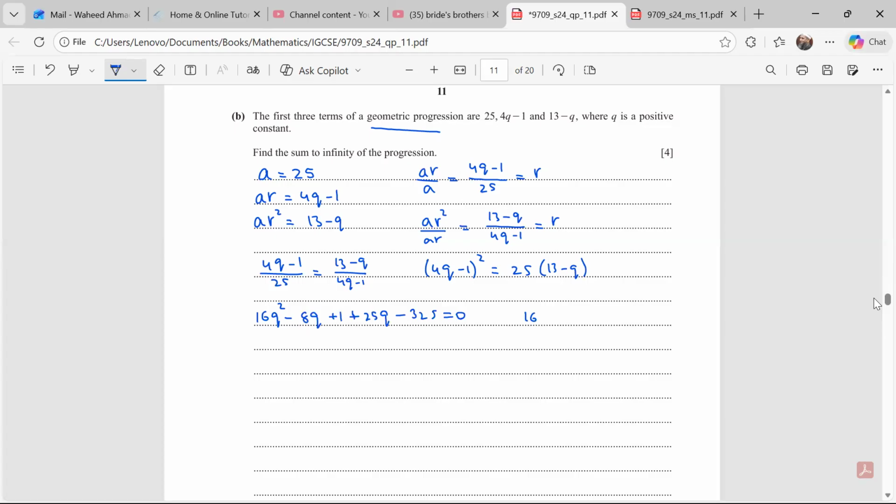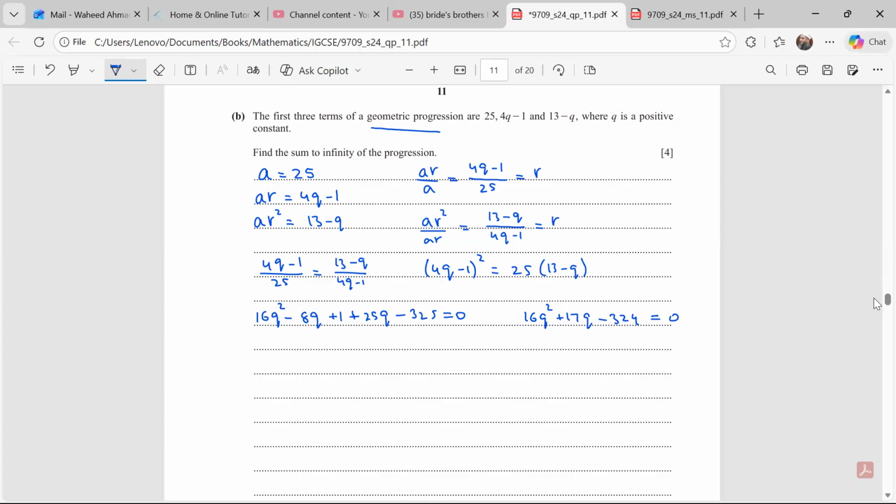Let's simplify a little bit. It is 16q square minus 8q plus 25q, which is going to be 17q, right? Plus 17q, and minus 325 plus 1, it is minus 324 equal to 0. Okay, this is our standard quadratic equation.